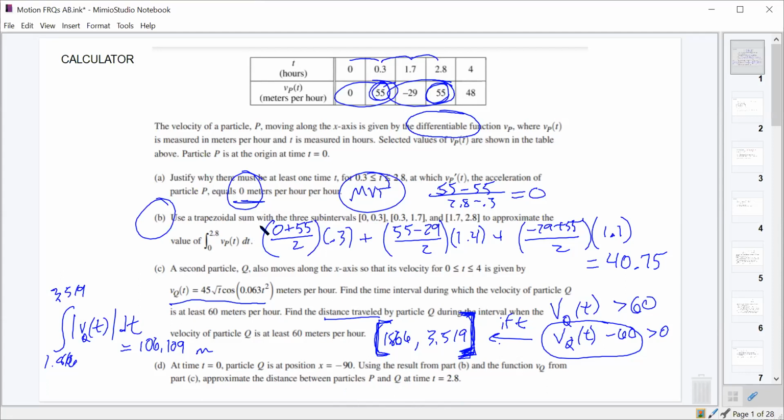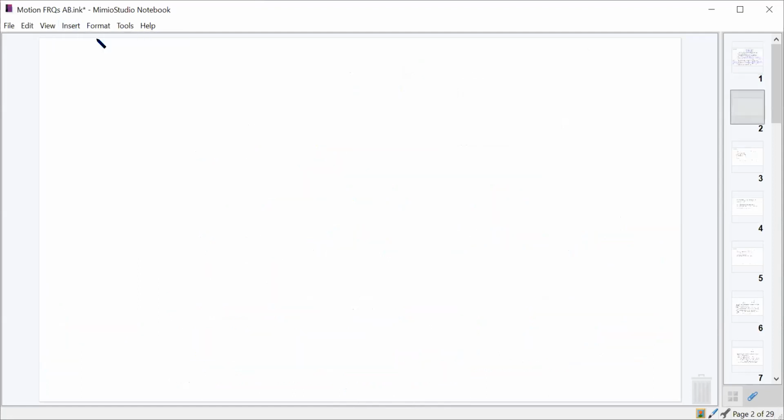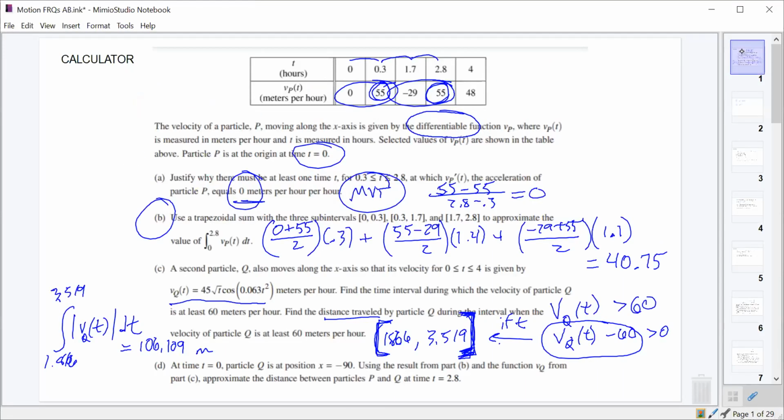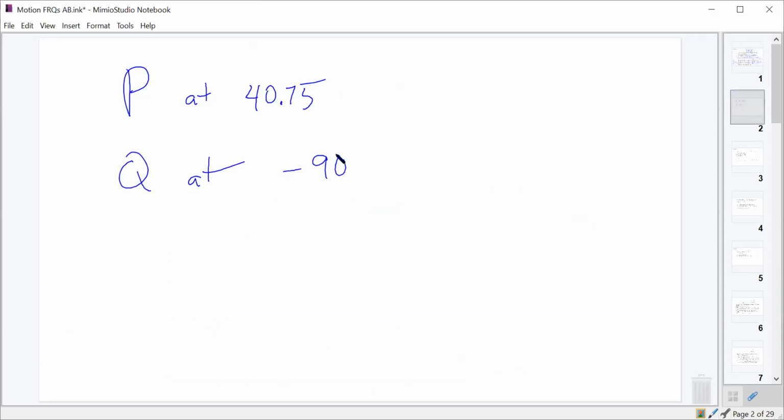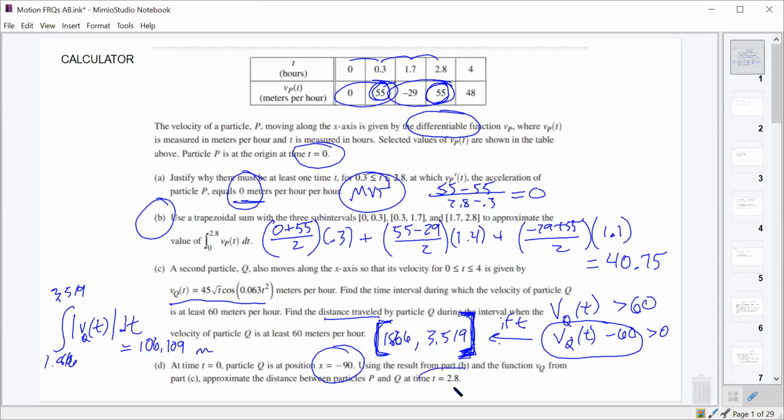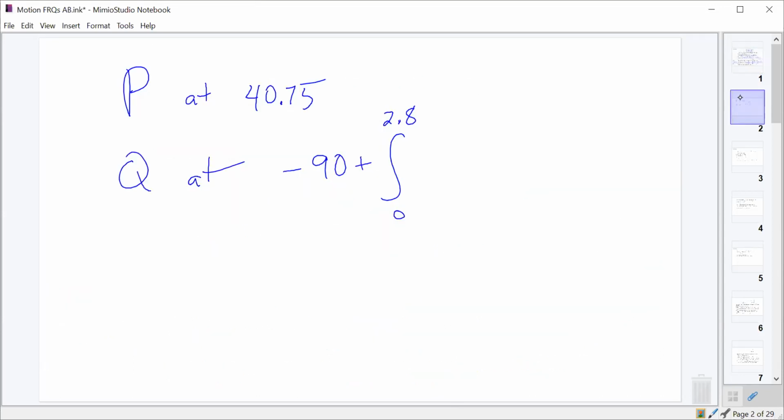It moved 40.75 units, that's its displacement, and it started at 0. So particle P is at 40.75. Particle Q is at its initial position, negative 90, plus its displacement from 0 to the final time, 2.8. Its displacement is just the integral of its velocity, v sub q of t.